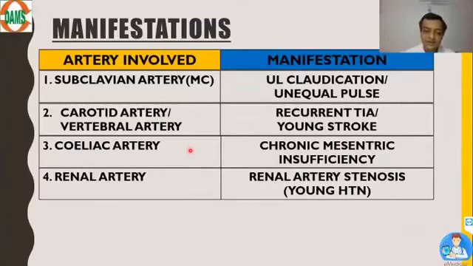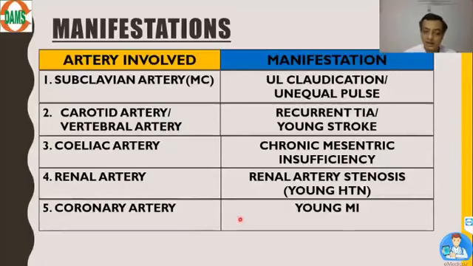The renal artery stenosis can cause hypertension. And the coronary artery can present as young myocardial infarction. And that is why we have to remember when to suspect Takayasu's disease. We will suspect Takayasu's disease when the patient is a case of young myocardial infarction, young hypertension, or young stroke.